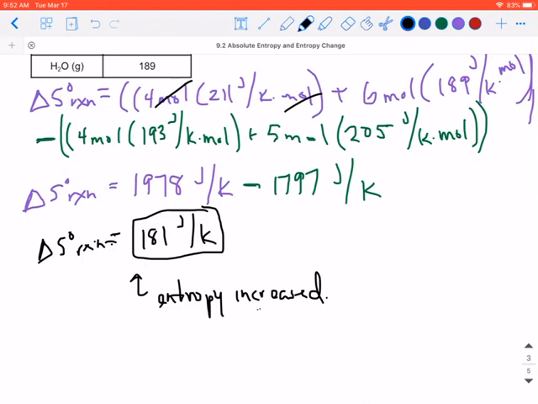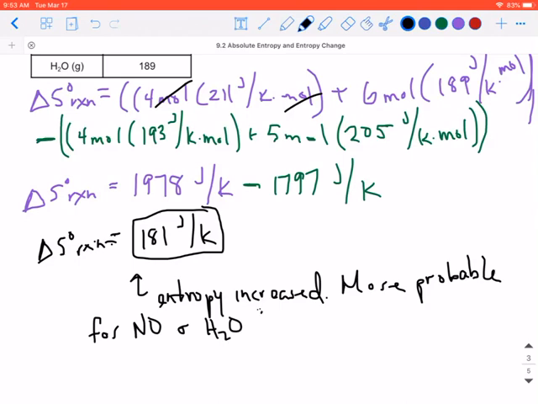That means it is more probable for NO and H2O to react together to form NH3 and O2.